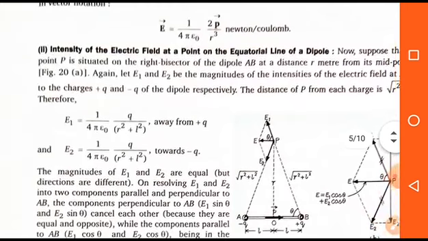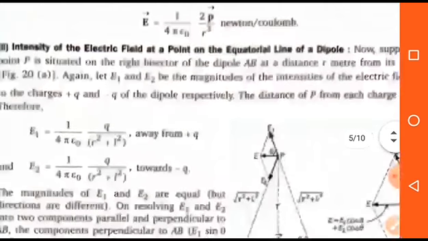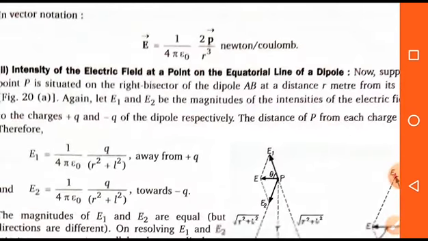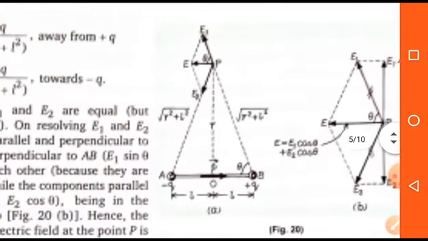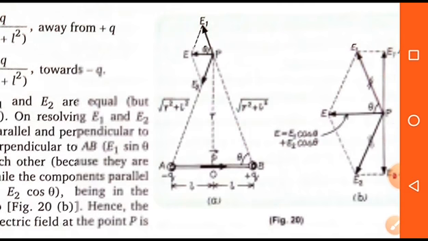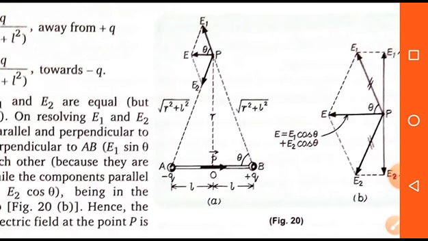Now the second condition is the intensity of the electric field at a point on the equatorial line of a dipole. So take a diagram. There is an electric dipole AB and O is the center. Take a point P at distance small r on the equatorial line.